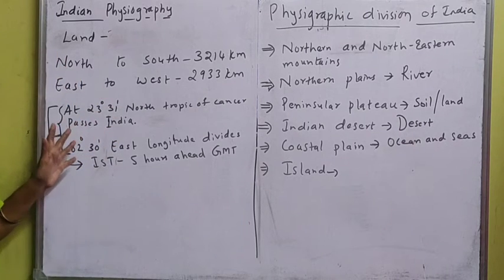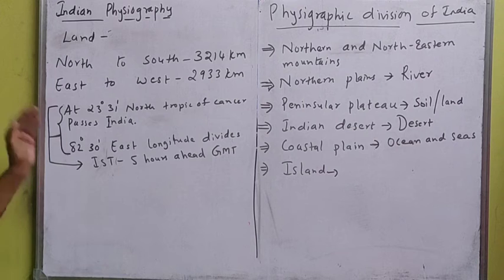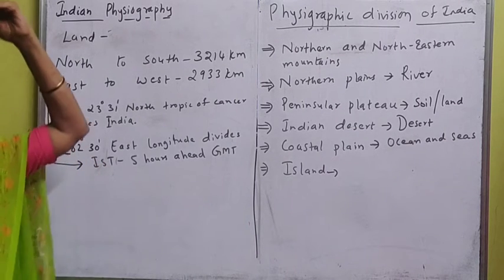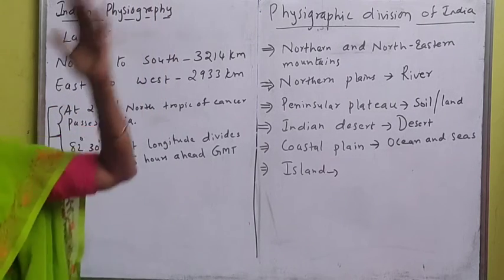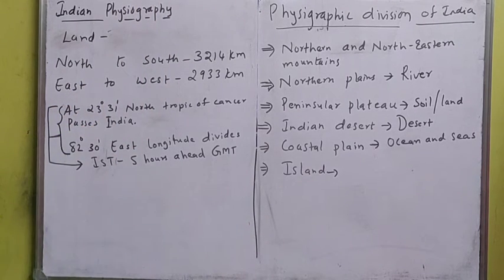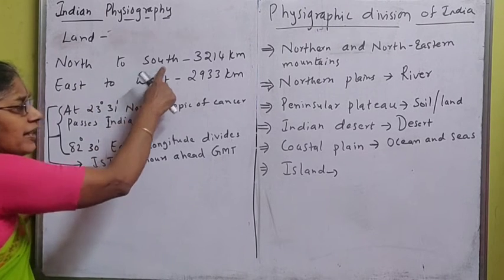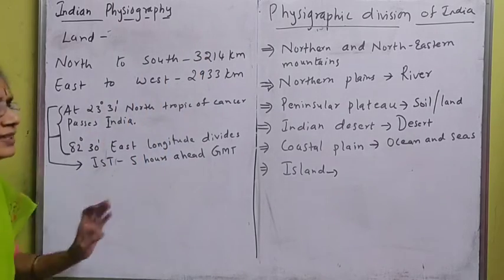How is the stretch of the land from Nagaland to Gujarat and from Jammu and Kashmir to Kanyakumari in kilometers?